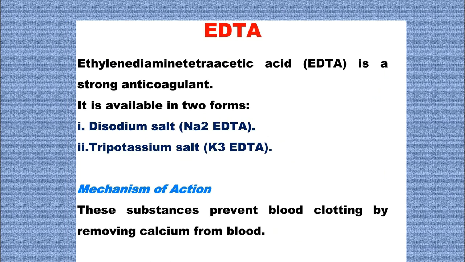Then EDTA, ethylene diamine tetraacetic acid, is a very commonly used anticoagulant drug available in two forms: disodium salt, or disodium EDTA, and tripotassium salt, like K3EDTA. These substances prevent blood clotting by removing calcium from the blood, especially EDTA.